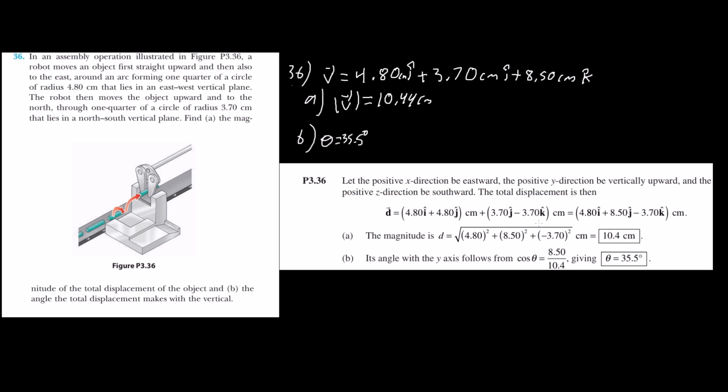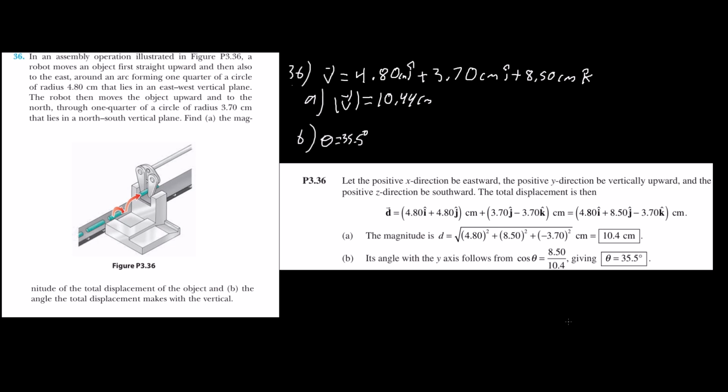But regardless, folks, whatever you call your i-hats, j-hats, and k-hats, these are the values: 10.40 centimeters, and the angle with the vertical is apparently the j component.